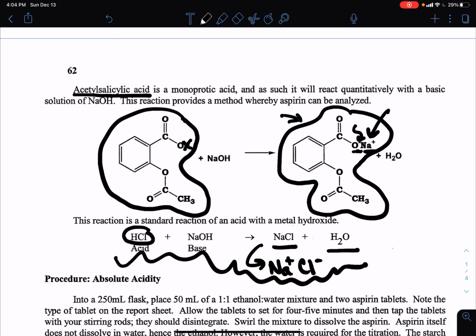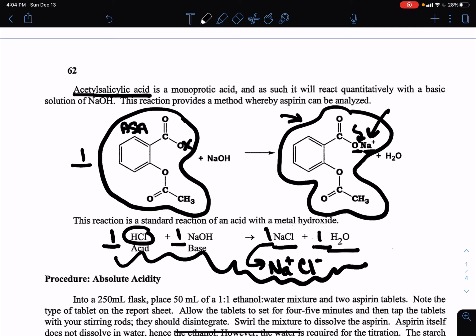What we can see in both of these reactions is you have one acid reacting with one base to make one salt and one water. So you have one acid here, and we'll nickname acetylsalicylic acid as ASA.